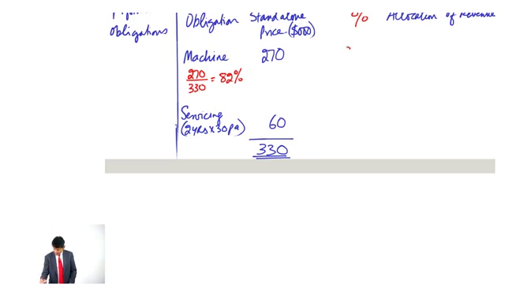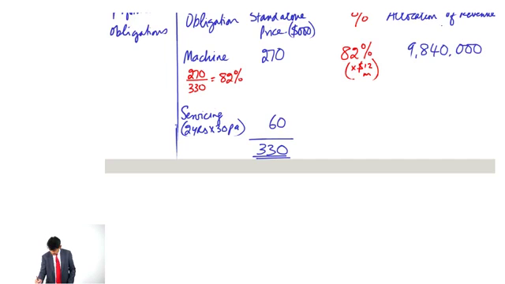And then if I pop in my 82% here and multiply by the 12 million, be careful, the answer on the right has got to be 9,840,000.